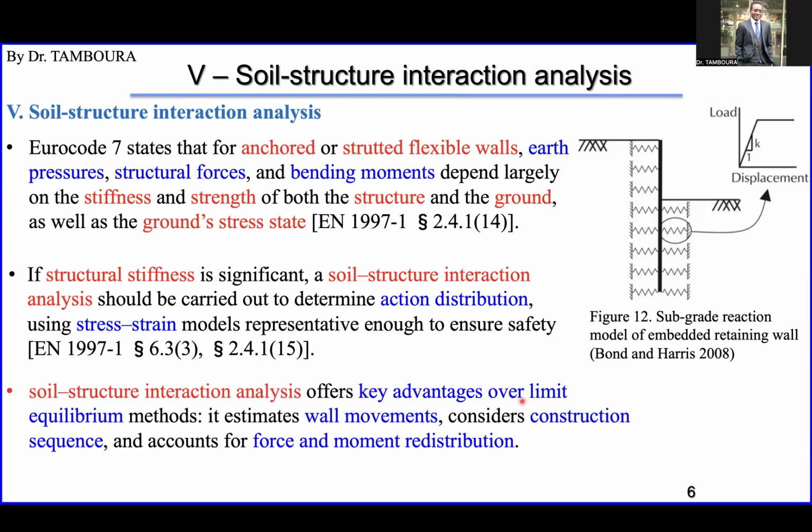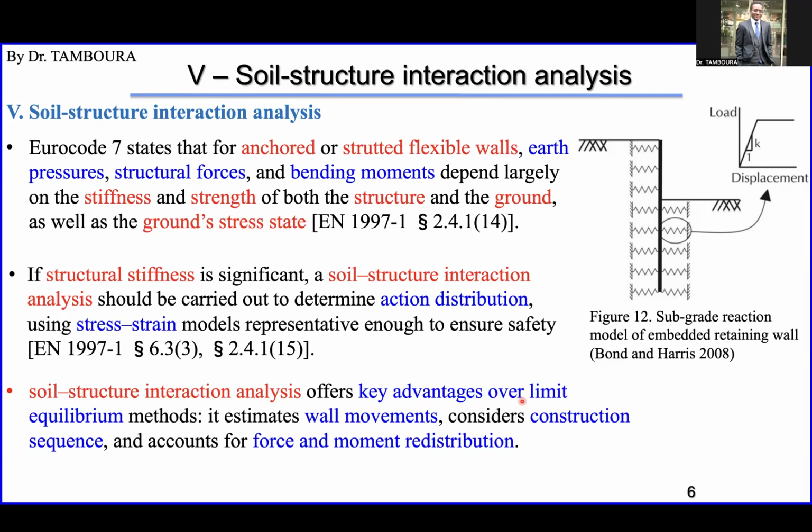So there are a lot of advantages when you do soil structure interaction analysis over limit state equilibrium, because we did limit state equilibrium in the previous lesson. This analysis offers more advantages. It can help you to estimate the wall movement; limit equilibrium cannot do that.